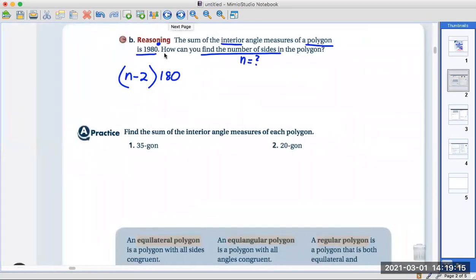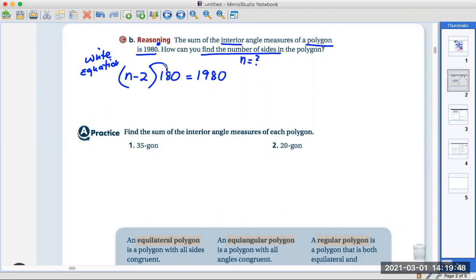We know that the sum is 1980, so my formula has to equal 1980. So write an equation, work backwards. Now this right here is one question that you'll see on the homework and you'll say, well, how do I do it? Look for a question that matches the way they're asking the question on the homework and look at it, write an equation.